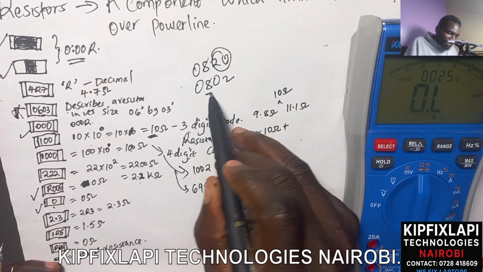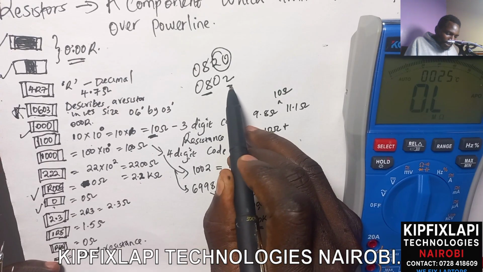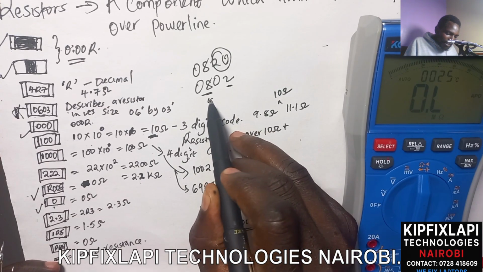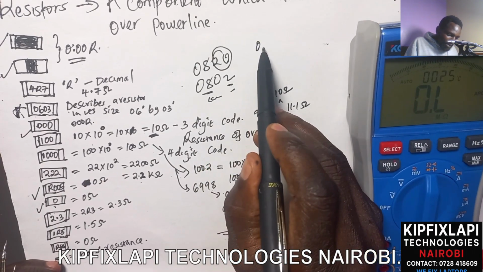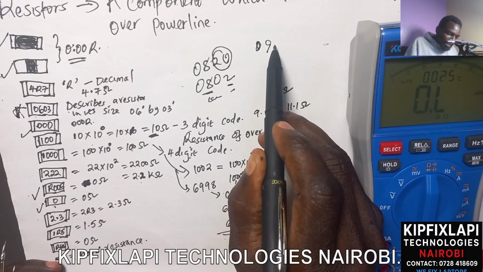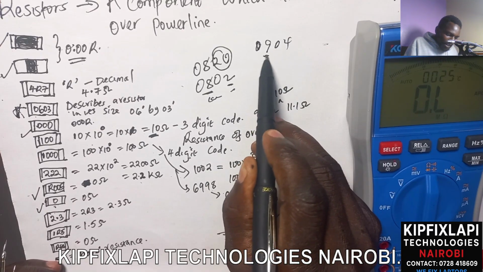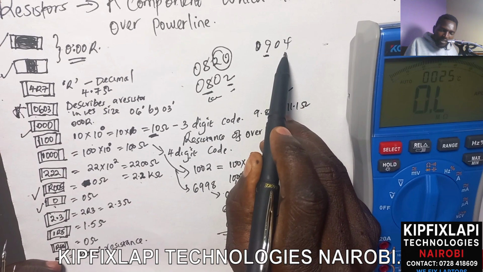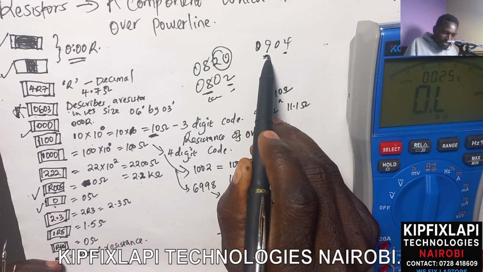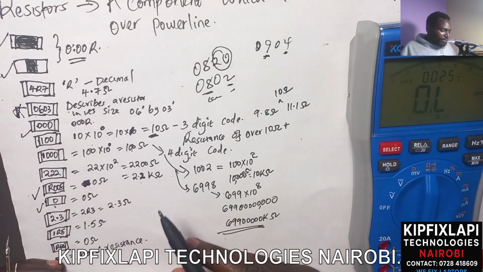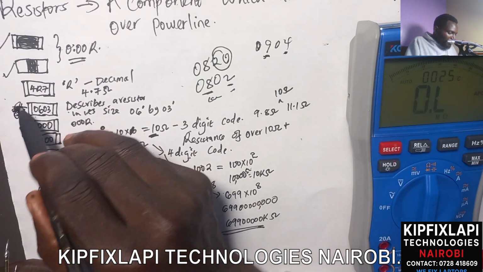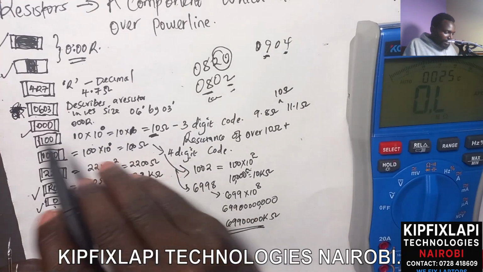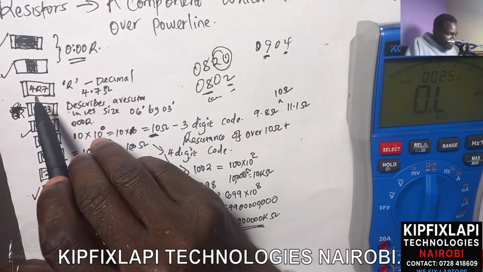It means this is 8 by 2, that is the length and the width. When it starts from zero, like 0.904, that is 9 in length and 4 in width. So this one you're not going to test because there's nothing to test there. That describes the size of the resistor.